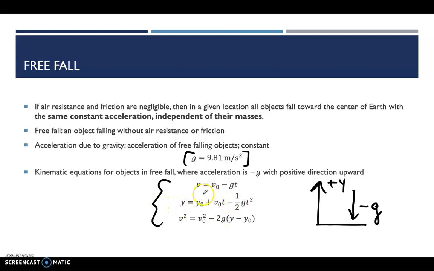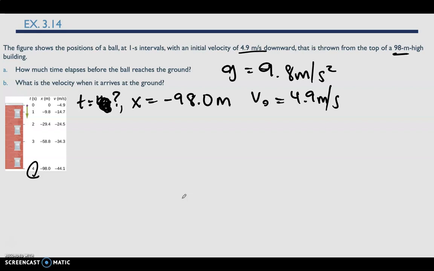We know our initial velocity and our delta y, right? Delta y is going to be that. So, this is part A, y equals y naught plus v naught t minus 1/2 gt squared, and let me double check that. Yes. So our initial velocity is 4.9 meters per second, and it is downward, so it's going to be negative here.